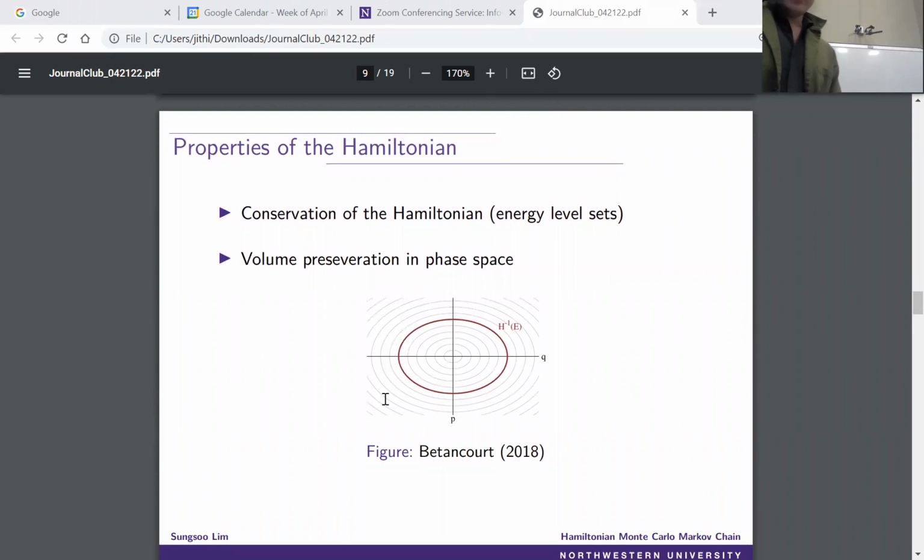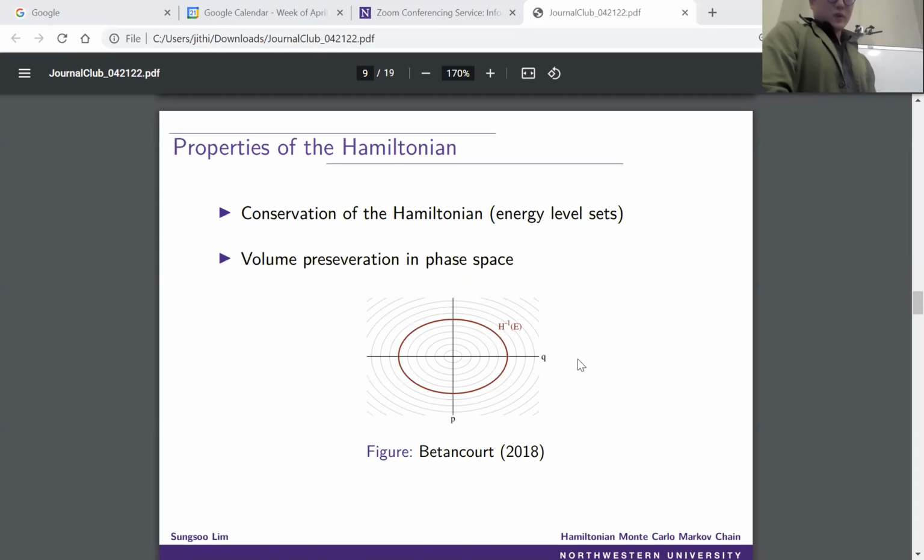The most important property of the Hamiltonian that people use in Hamiltonian MCMC is the conservation of the Hamiltonian. In the phase space shown here in P and Q space, we see these energy level sets, and along these trajectories the Hamiltonian is conserved.